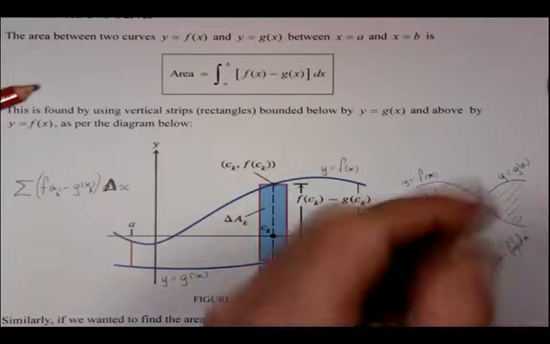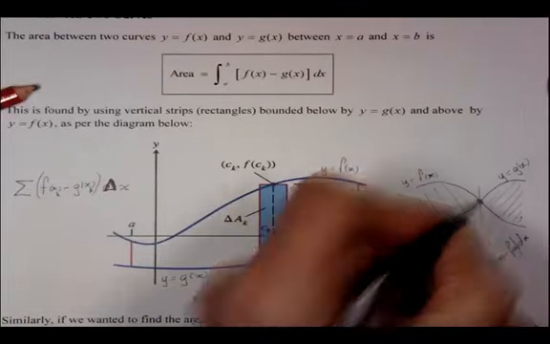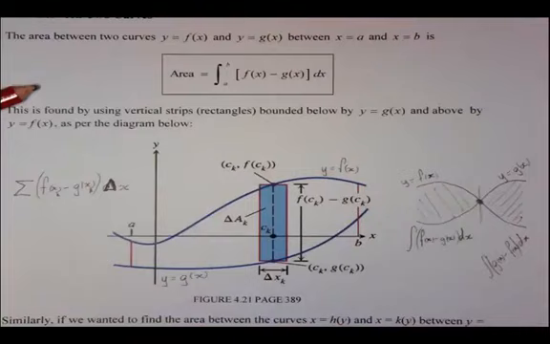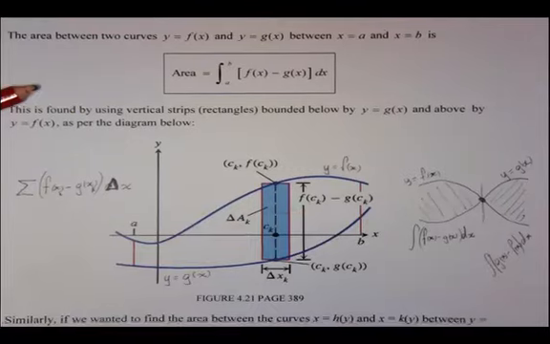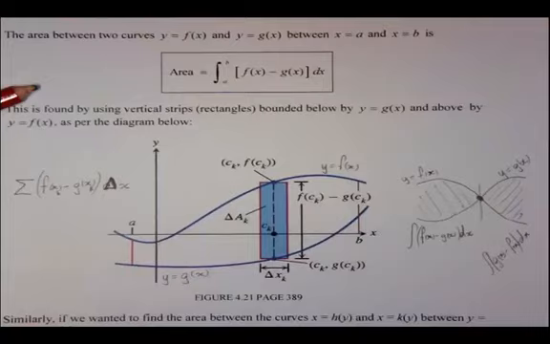But you need to know where the curves cross and do each piece separately. Just like when it's between the curve and the x-axis, you need to know where the curve meets the x-axis. That divides things up into pieces, and you do them separately. Okay, there's the picture, and there's your integral.